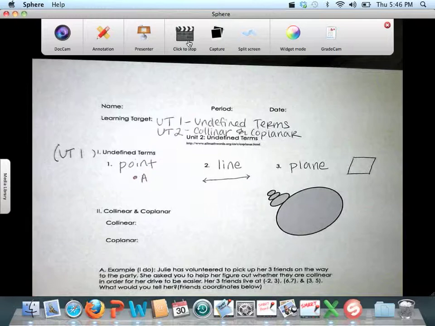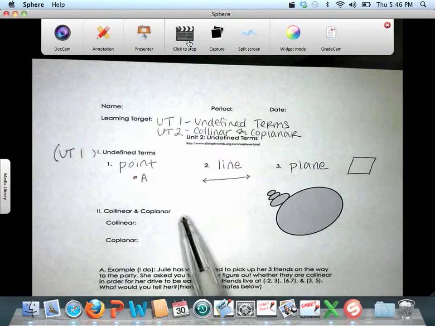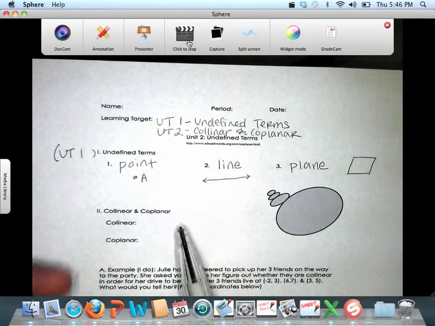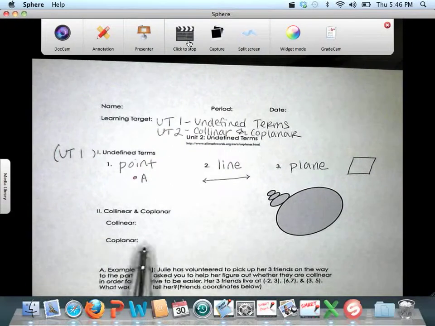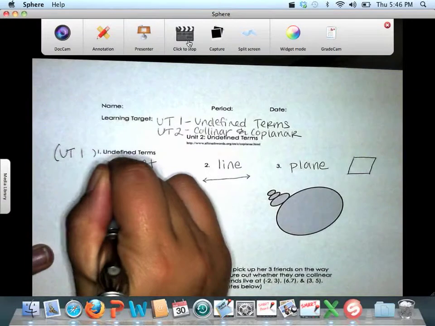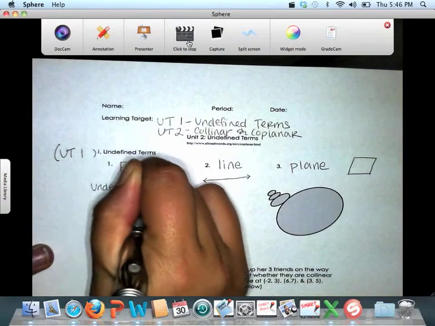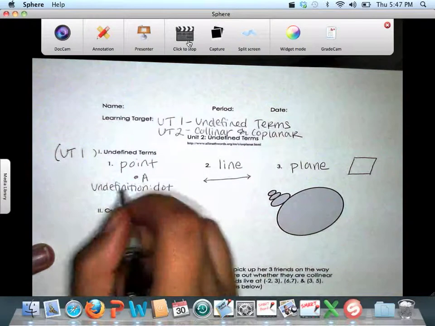Alright, now the reason they're undefined is because they don't have definitions, right? So you can't really describe a point. I mean, you can describe it. You can say it's a dot or it's a very small spot in space, but there's not really an official definition. So the undefinition will say a dot. Okay?